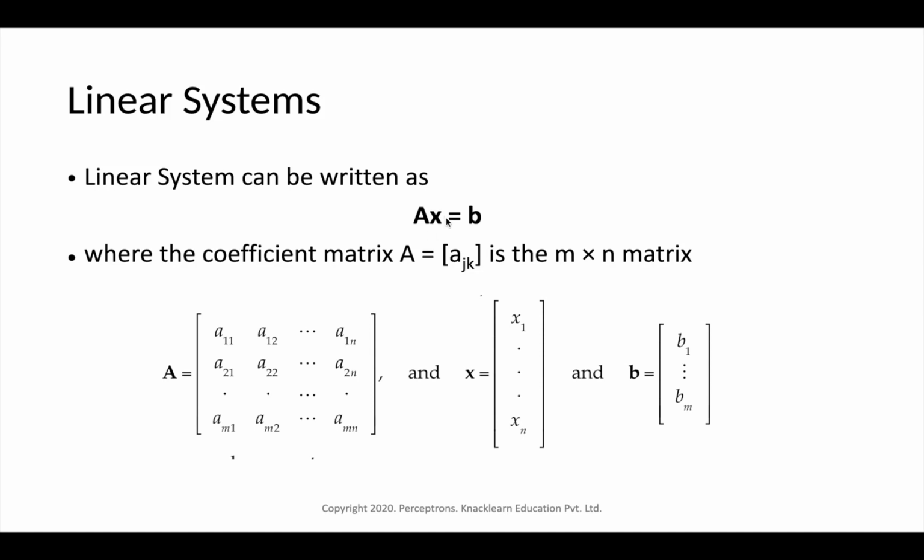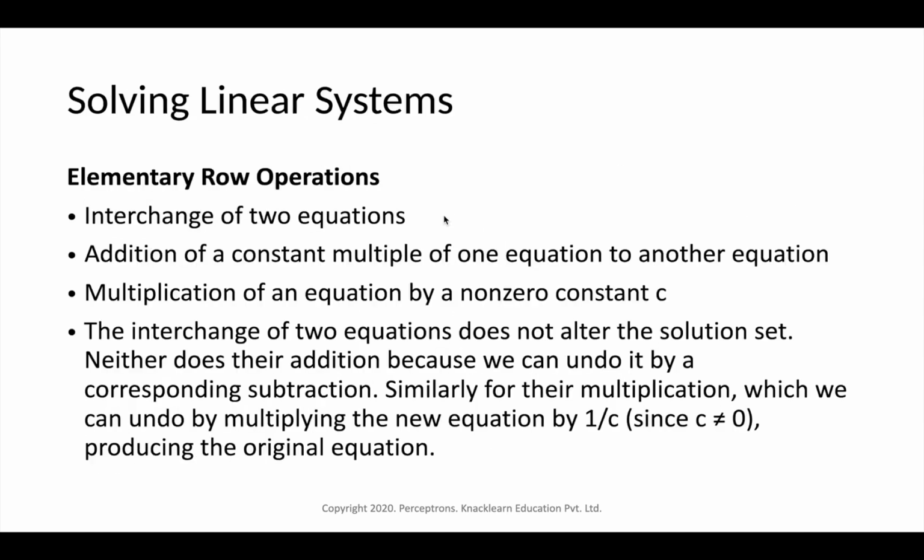Now how do we solve this system, that is, how do we find the unknown? Solving a linear system of equations means finding the unknown values. To solve it we can use elementary row operations. So how do we perform them? The first is interchanging two equations.